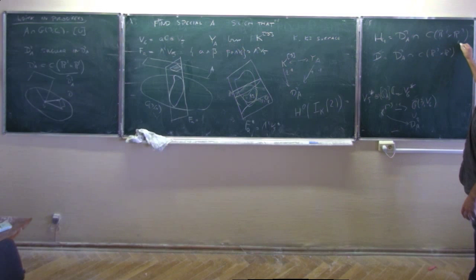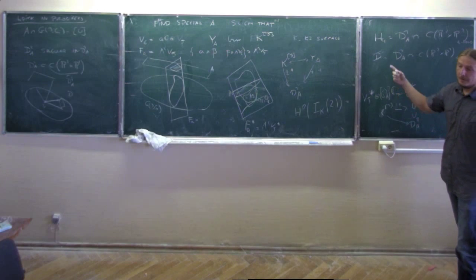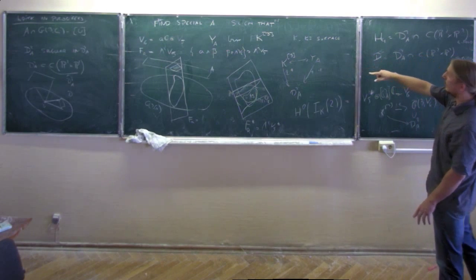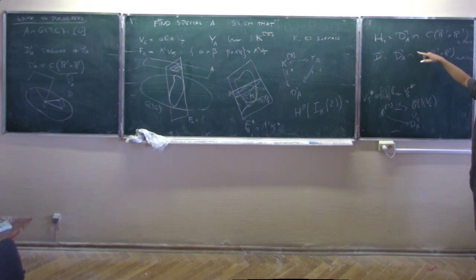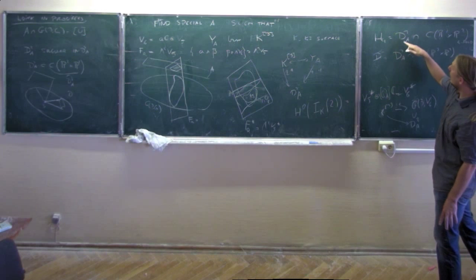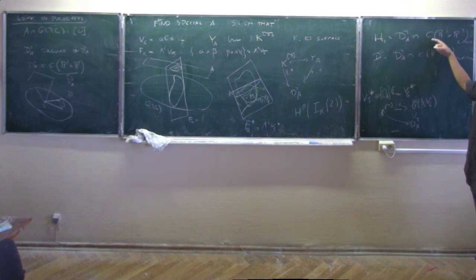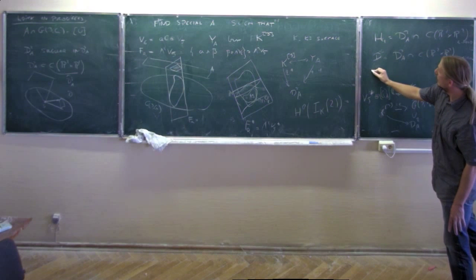So this is a fourfold, and this is a surface. And we can prove in the same way that the double cover restricts to a double cover of this fourfold in this surface. And so we can prove that the double cover of H4 branched in D is a hyperkähler fourfold.